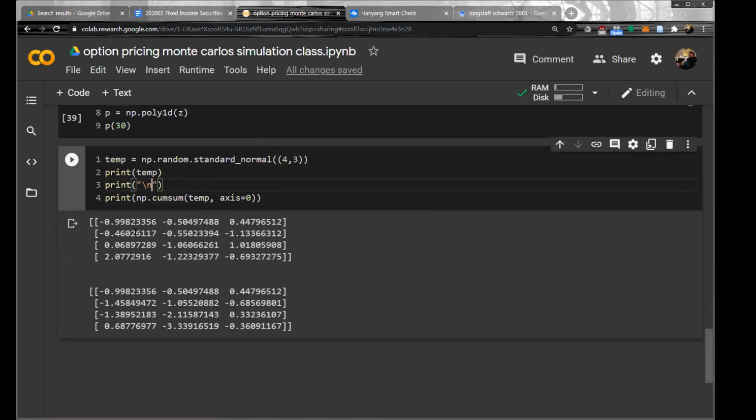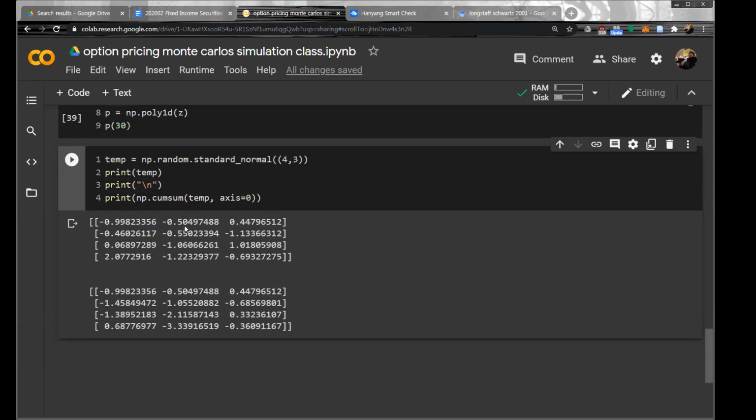So here, axis is 0, we are adding one cumulative add, by row. So the first line is exactly the same. And about the second line, this one is now this one plus this one. So this one is minus 1.45, which is approximately minus 0.99 plus minus 0.46. This one is minus 1, which is the summation of this one and this one, right?